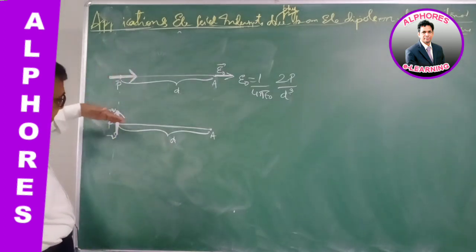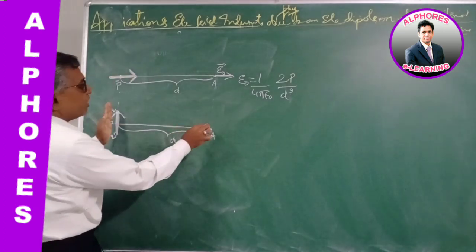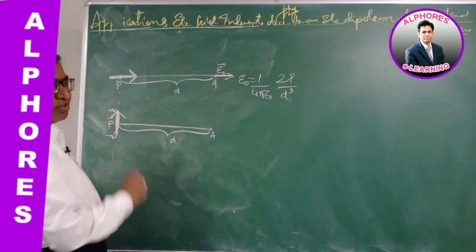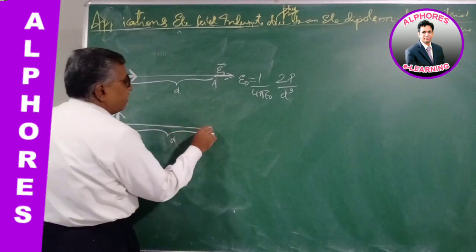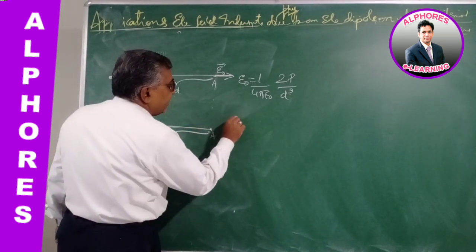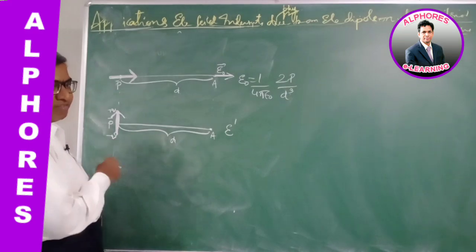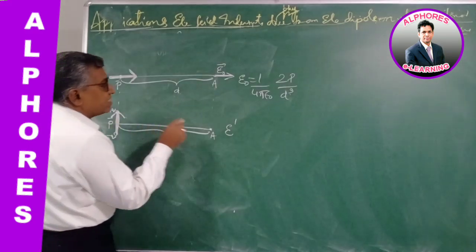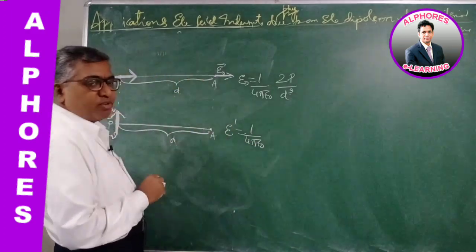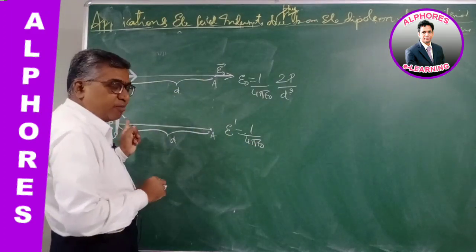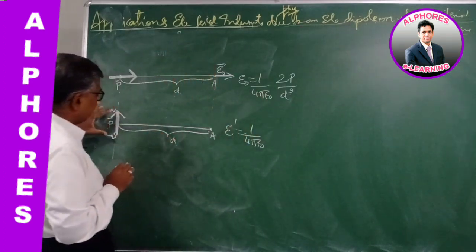Now when the dipole is turned through 90 degrees like this, the same point now appears to be on the equatorial line of the dipole. Let the new electric field be E dash. The point lies on the equatorial line. We know the formula for a short dipole, so we neglect the length of the dipole.